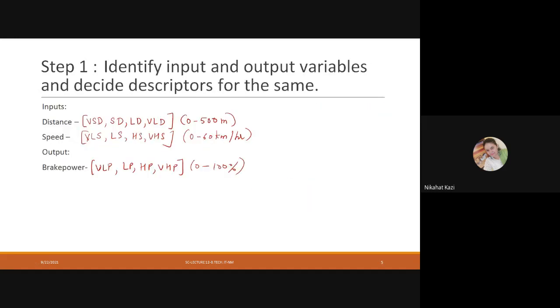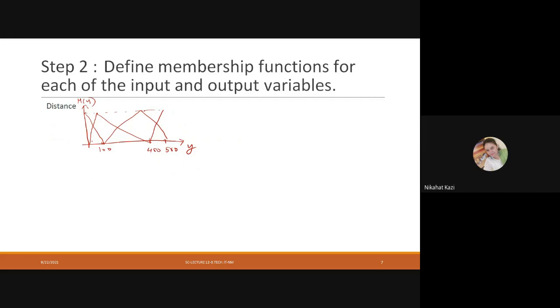Very short distance, short distance, long distance, very long distance. Similarly, you write the functions for distance, so it becomes easy for us to evaluate the rule. So quickly we'll write down the functions. Very short distance of y, what is it? Decreasing function, 100 minus y divided by 100. Range is 0 to 100.